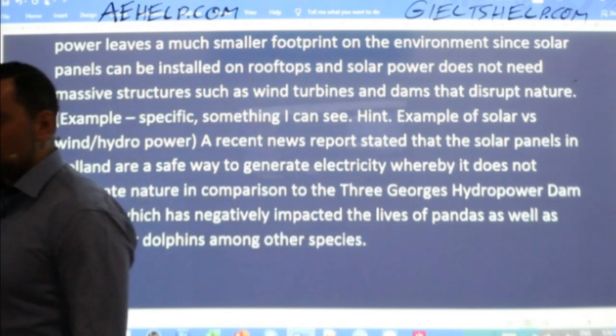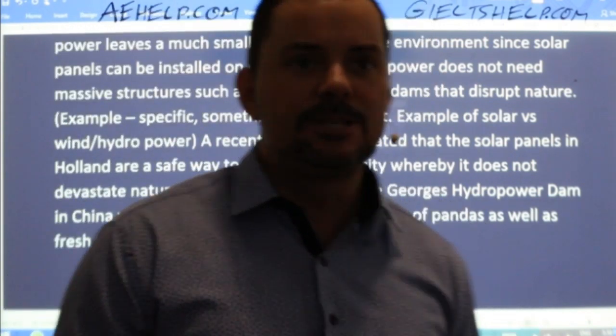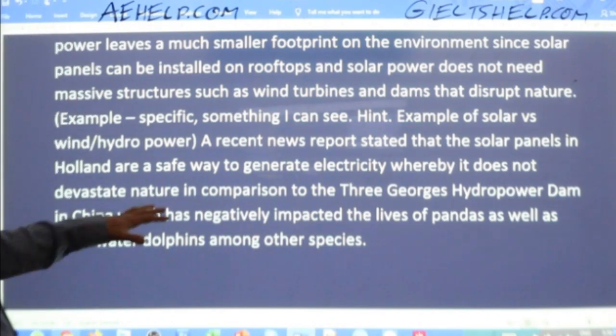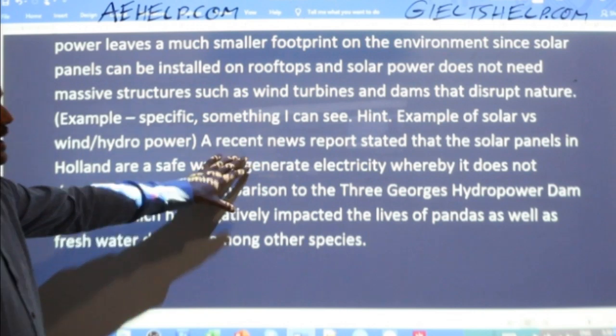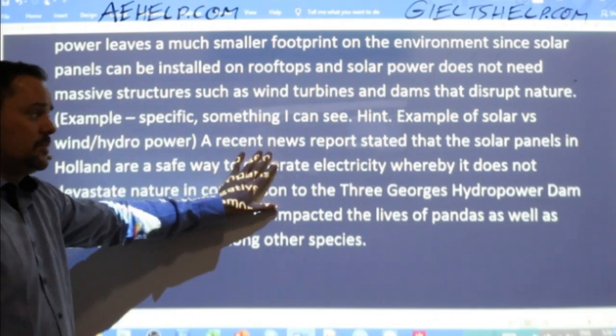All right, so again, I'm pushing you for that real high band 9 response. I'm just kind of making this up as I go, but the idea here is for you to see a very specific example. And if you can't write it in one sentence, write it in two.